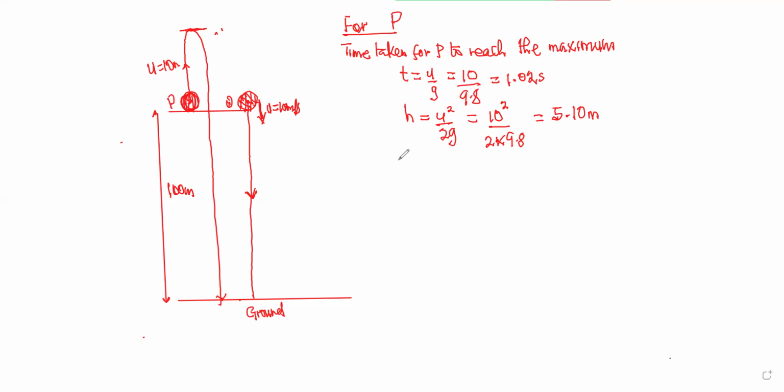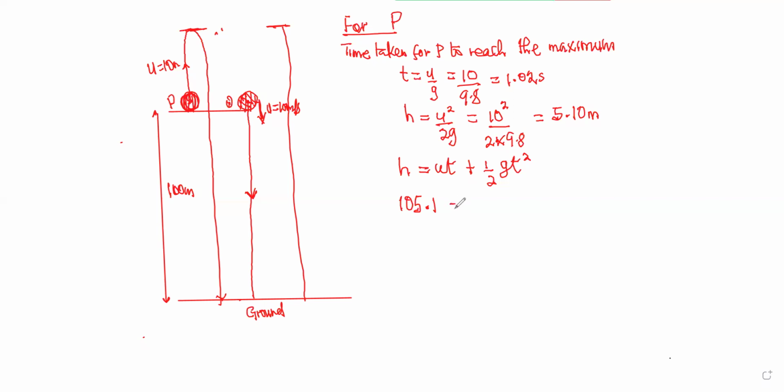So using H equal to UT plus half GT squared, H will be 5.10 plus 100. So the total height from the maximum height to the ground will be 105.1.